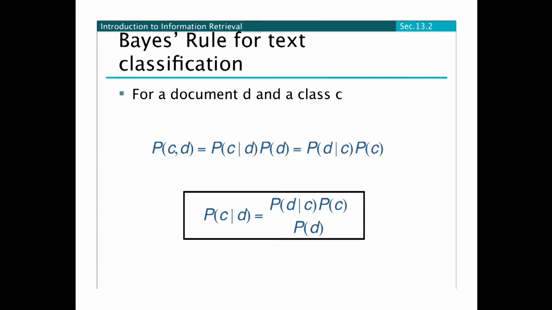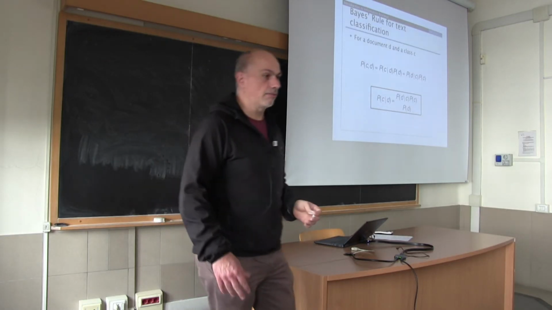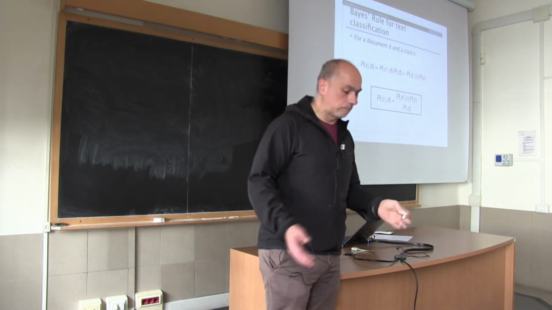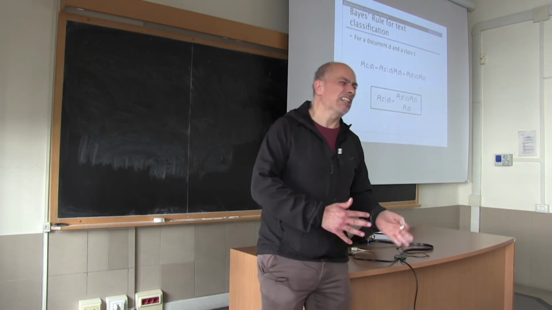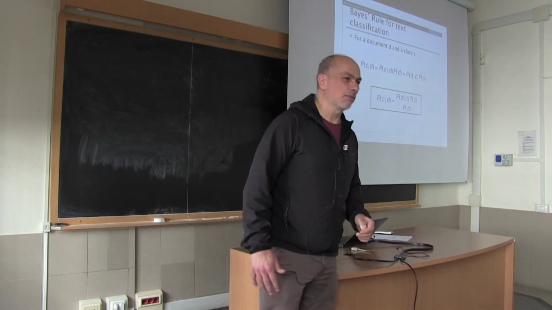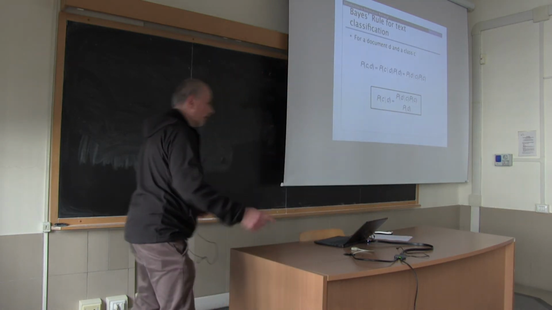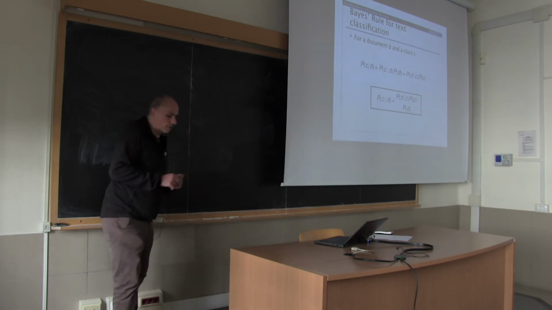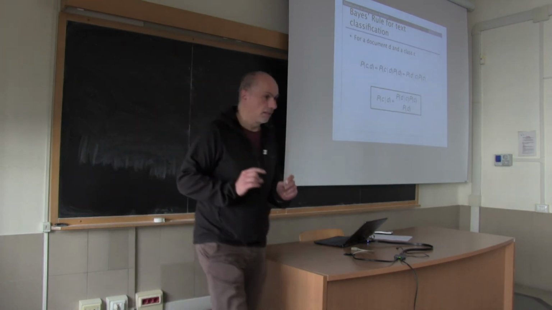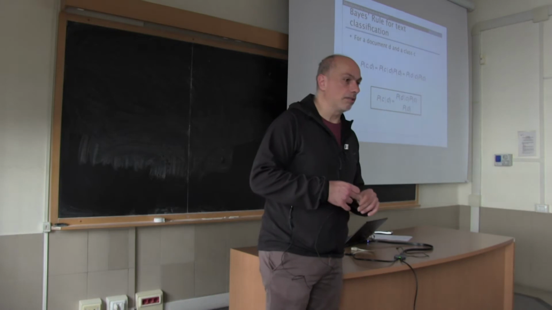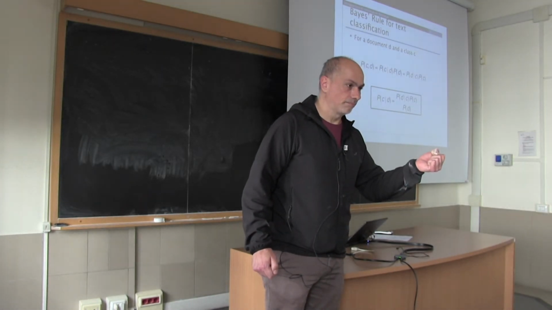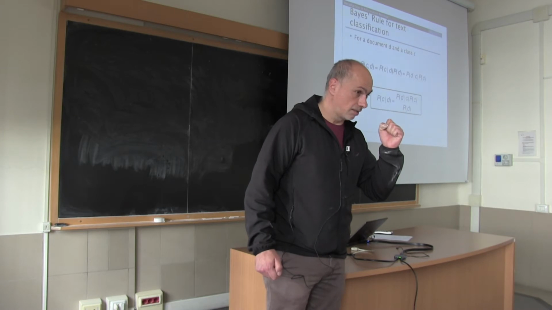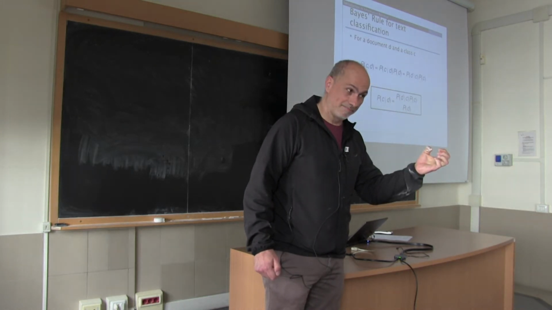So at some point, some people were sitting trying to figure out how to classify documents, and then trying to play with Bayes. I mean, eventually they realized they were playing with Bayes' rule. Why? Let's try to figure out in probabilistic terms what it means to classify a document. What is my input?